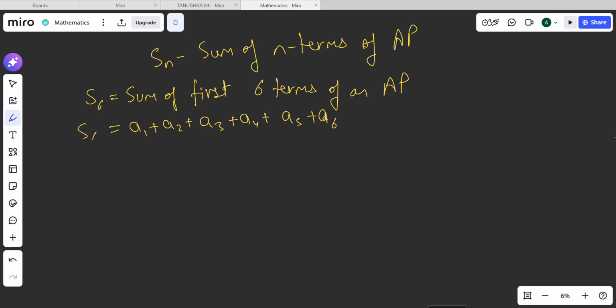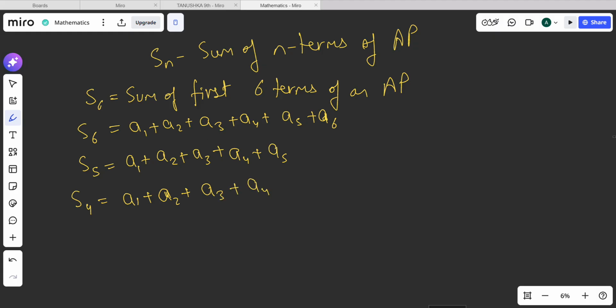So this is S6. What will be S5? This will be the sum of 5 terms of an AP. So it will be A1 plus A2 plus A3 plus A4 plus A5. Okay, what will be S4? It will be A1 plus A2 plus A3 plus A4.